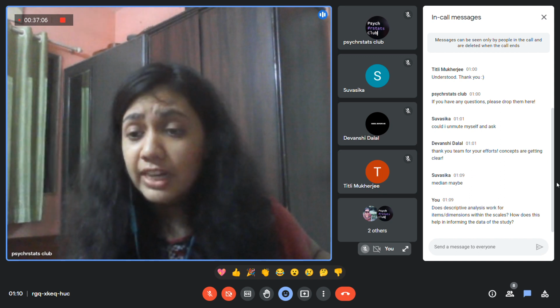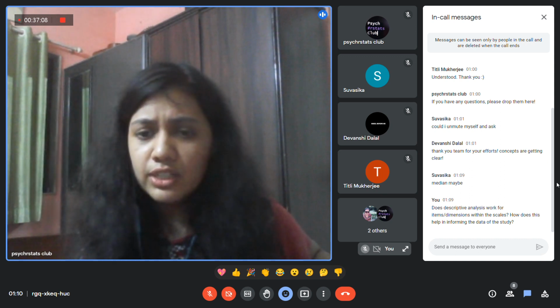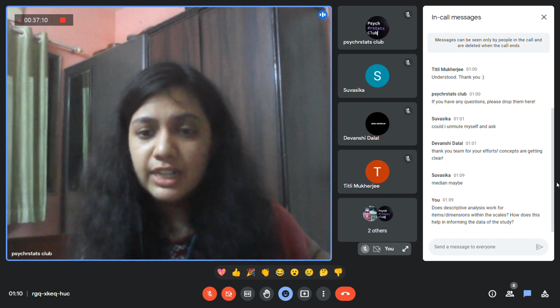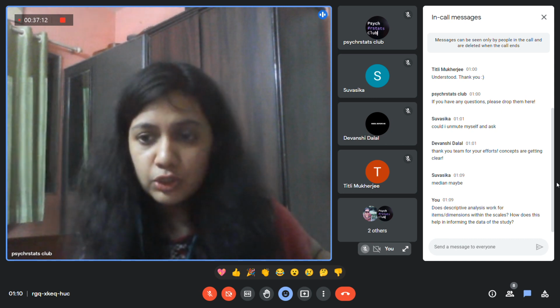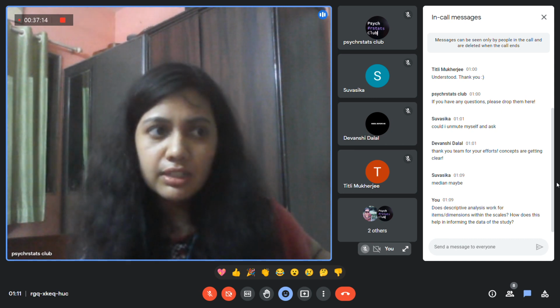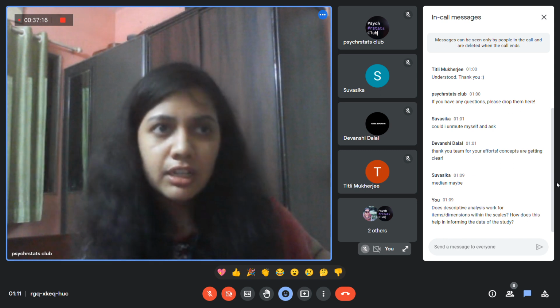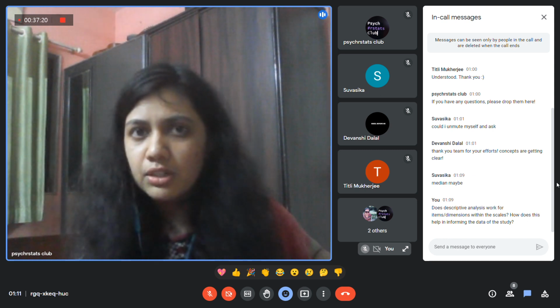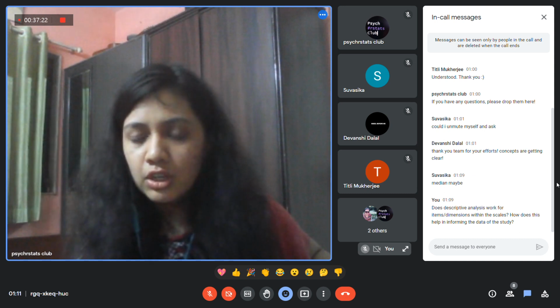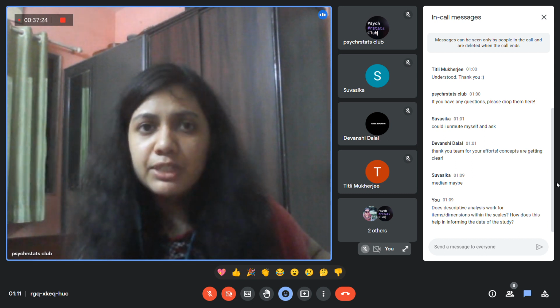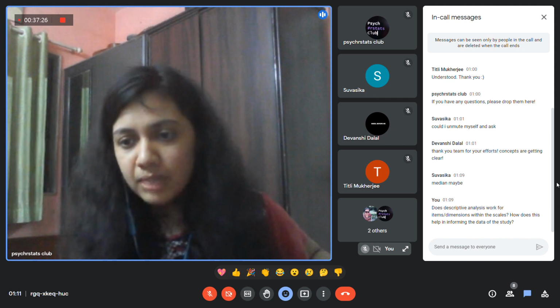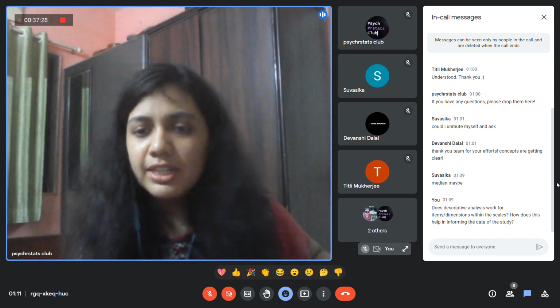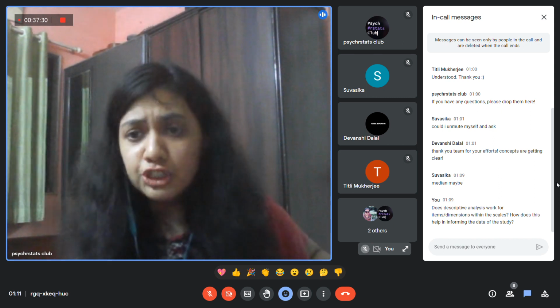And one doubt I came across when I was reading the paper was that they have looked at GPA. I was really wondering whether they looked at it as an ordinal measure, a ratio measure, or an interval measure. But because they have given the mean for it, it looks like they have considered it a ratio measure.